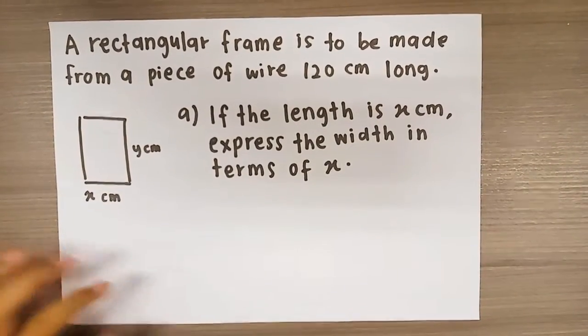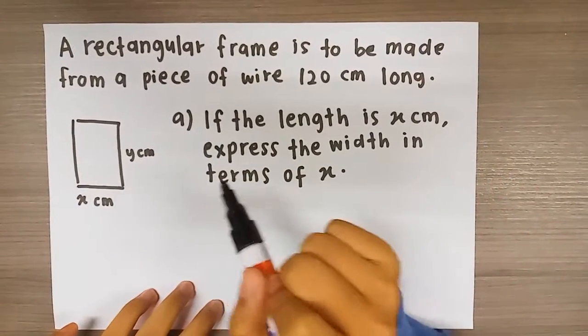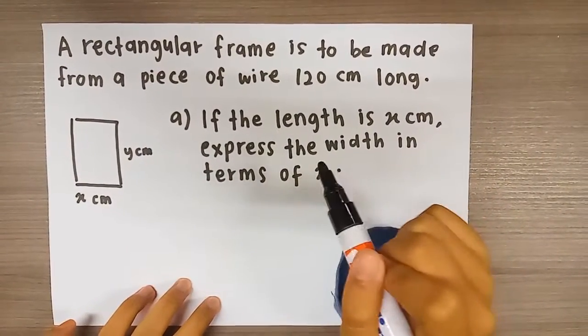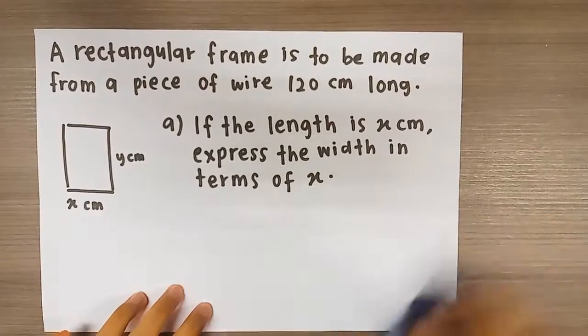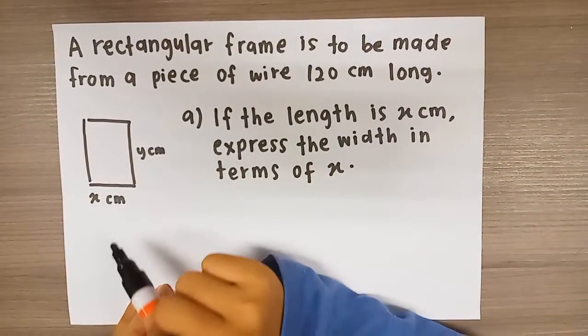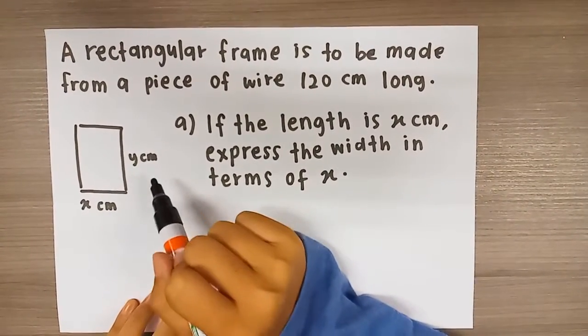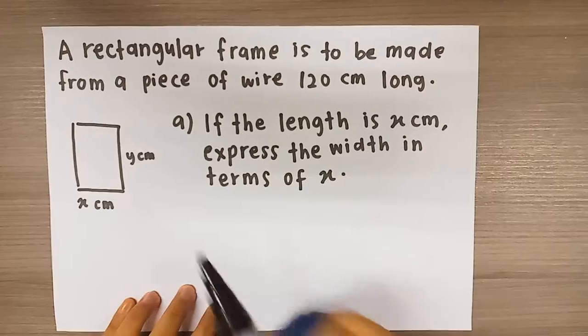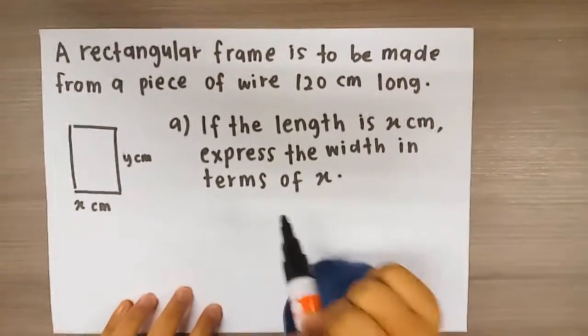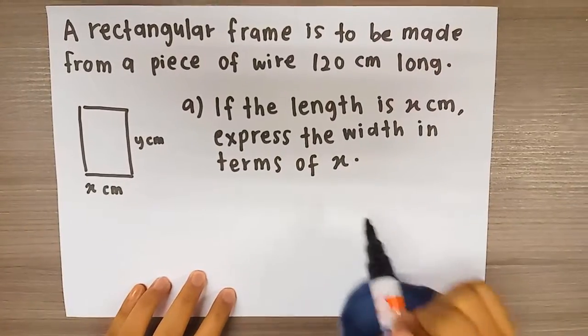The question is, a rectangular frame is to be made from a piece of wire 120 cm long. So this is the rectangle, and the length is x cm, the width is y cm. A: if the length is x cm, express the width in terms of x.